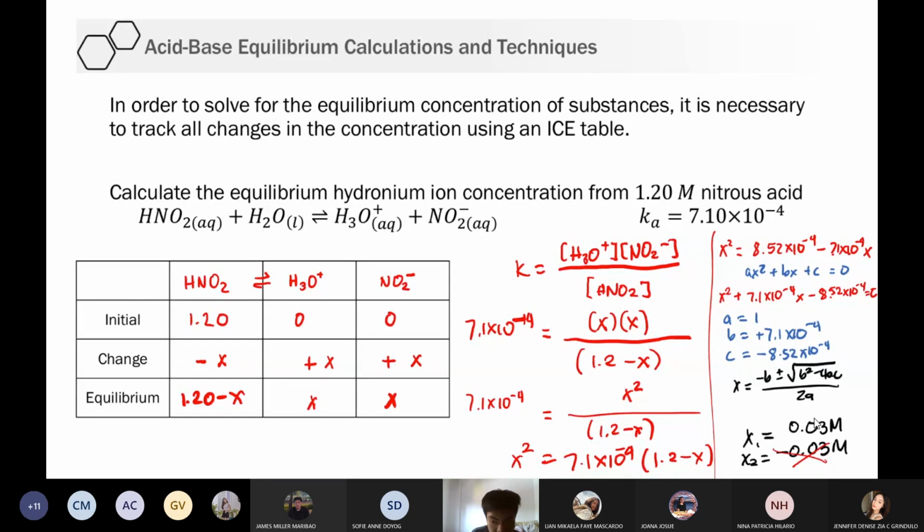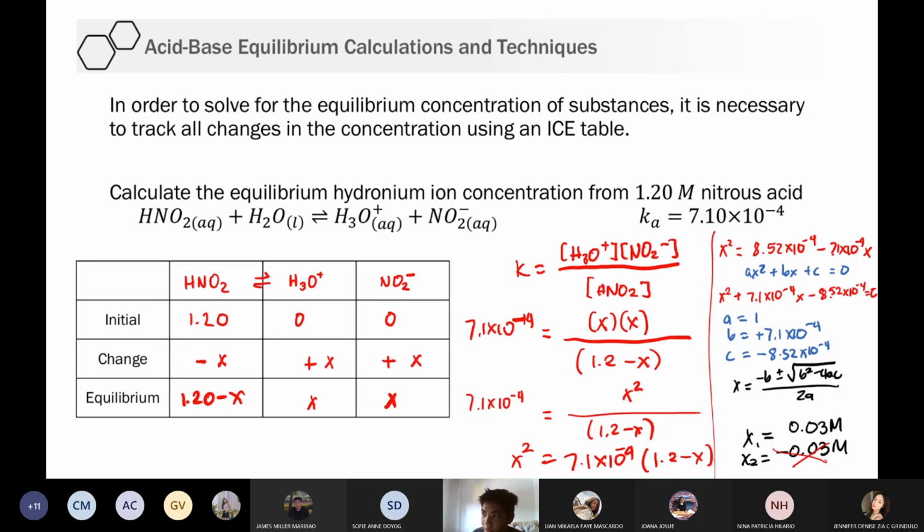So, again, kapag parehas silang positive, you only choose the x value that is less than your initial concentration. Kasi kapag greater than the initial concentration nilagay mo dito, may negative yung equilibrium concentration niya, which is wrong. Okay? So, wrong yun. Pag ganun. We only choose the positive x value and less than the initial concentration dapat siya.